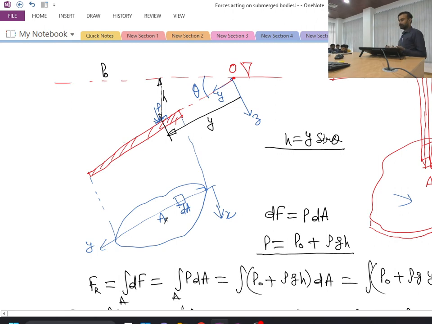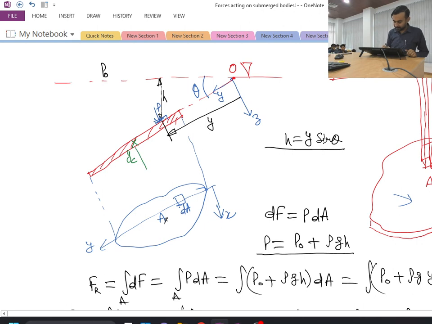Is this point clear? This planar area has some centroid based on the area calculation, and the projection of that point in this side view will be my value yc from this origin. So let me represent that: this is my point yc.